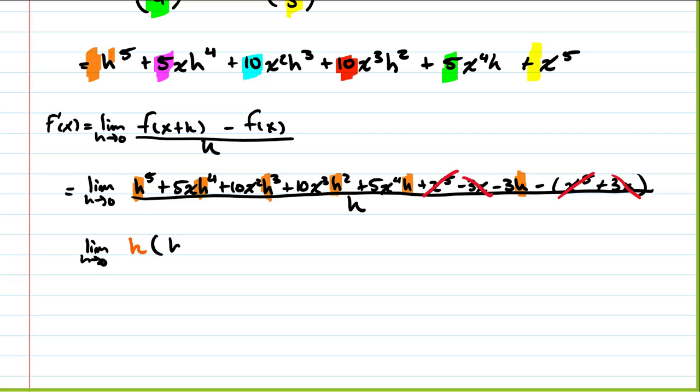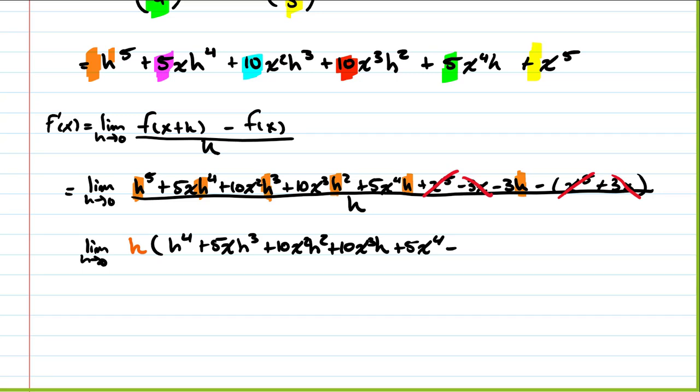And we have h to the fourth plus 5xh cubed plus 10x squared h squared plus 10x cubed h plus 5x to the fourth, and then, oh, there it is.